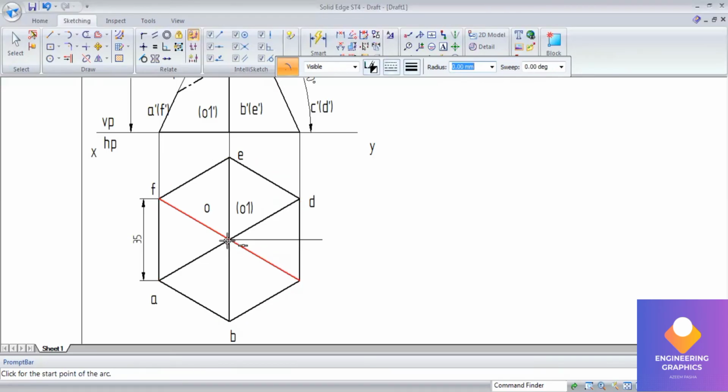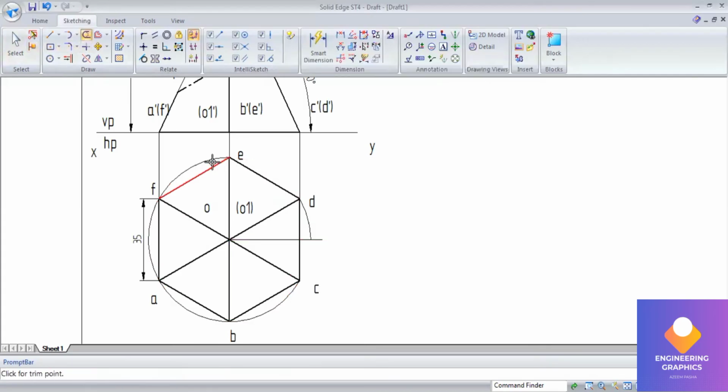Or you can measure OD also, no problem. Okay, here I have considered the length from OD and cut the arc.